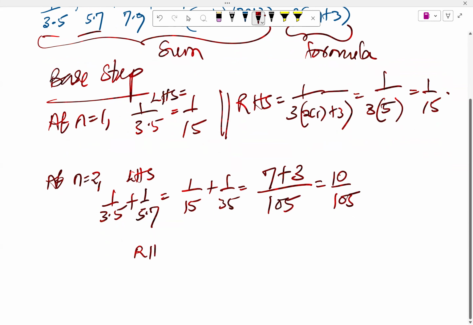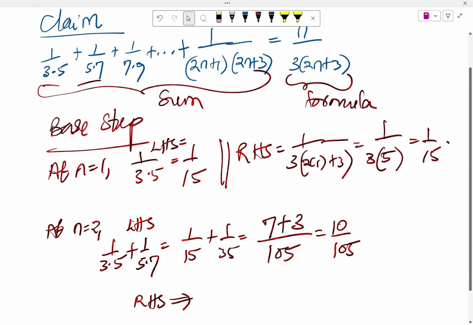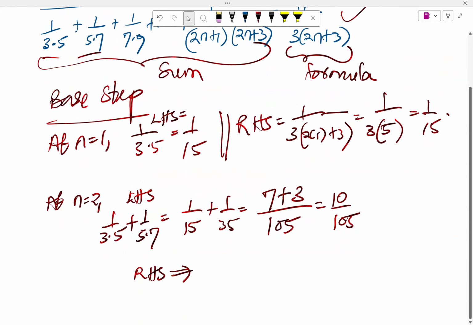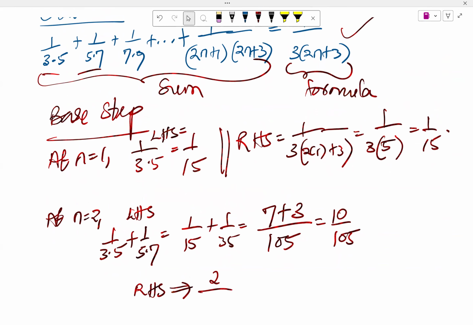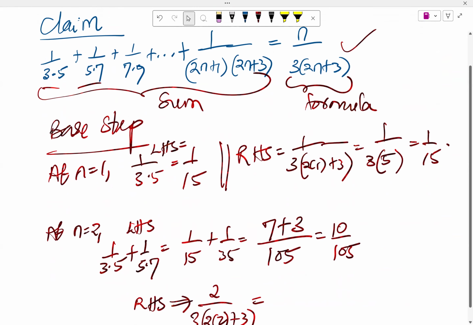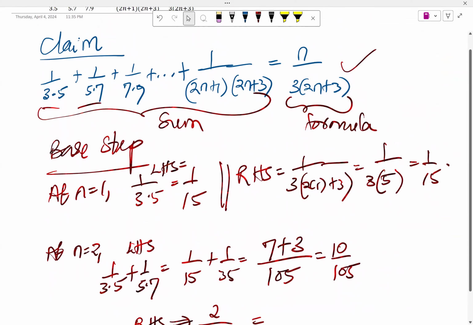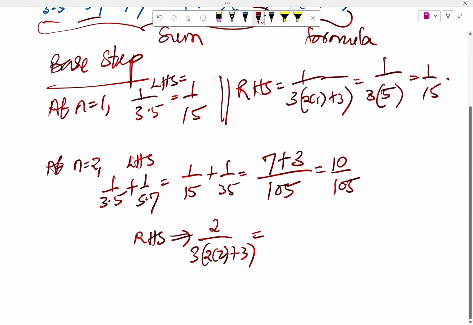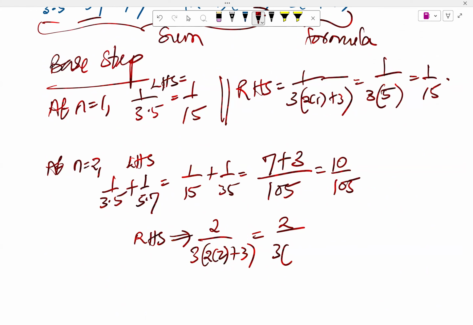For the right-hand side, where you have a formula, you substitute 2 into the expression. That is 2 over 3 into 2 times 2 plus 3. 2 times 2 is 4, and 4 plus 3 is 7, so you have 2 over 21.